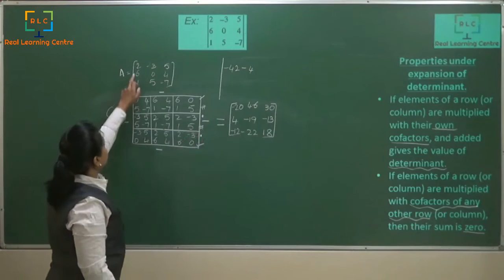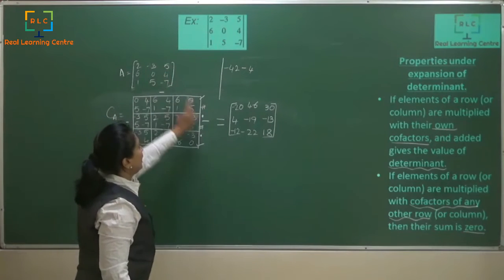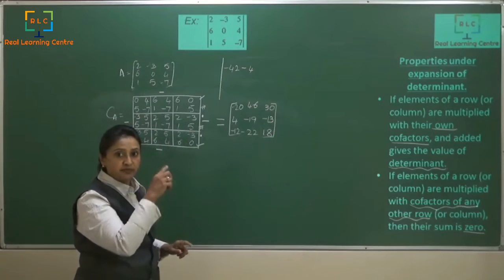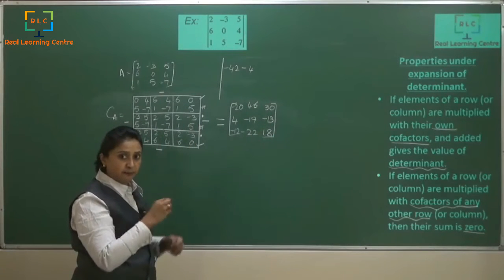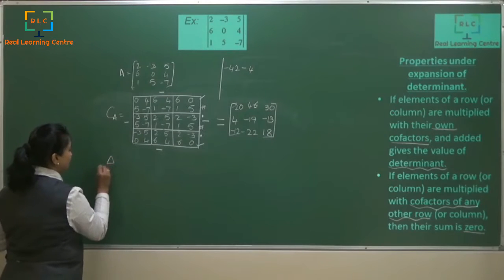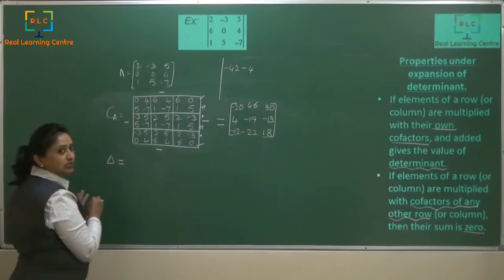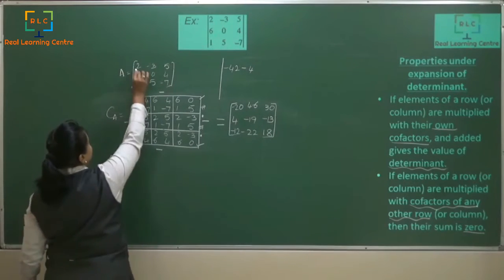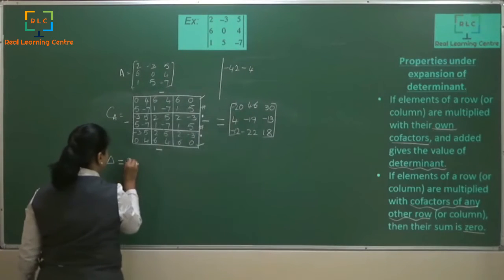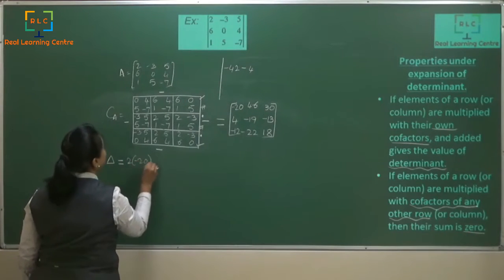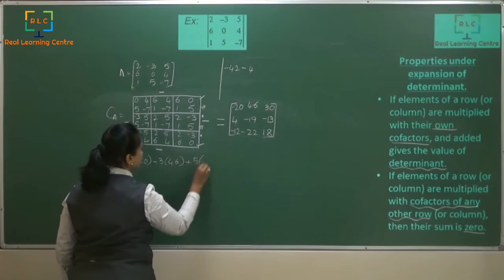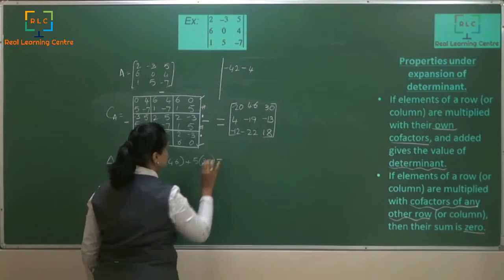And now I shall use row number 1 here and row number 1 here also. Multiply the corresponding elements, first, second, third. I'll multiply and add, and let's see what we get. And I'll call it delta. That's what the property tells. So delta is equal to, I shall use the first row here and the first row here, 2 into minus 20, minus 3 into 46, plus 5 into 30. I shall use calculator.